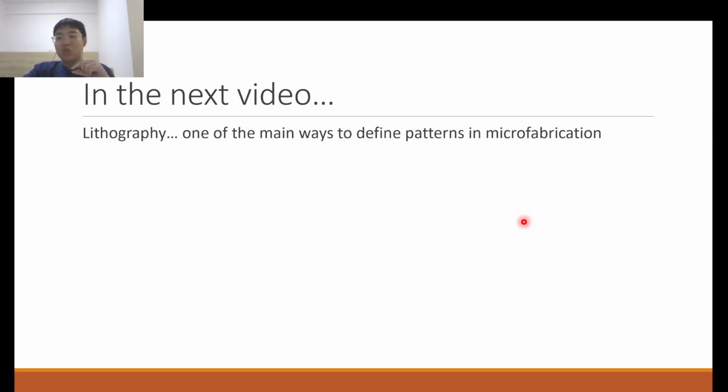We cannot choose where to deposit things, many of the times, without lithography. So lithography is possibly one of the most crucial processes. Actually, every process is crucial, but it's a really interesting and very important process in semiconductor fabrication. So I'll be covering that immediately in the next video.